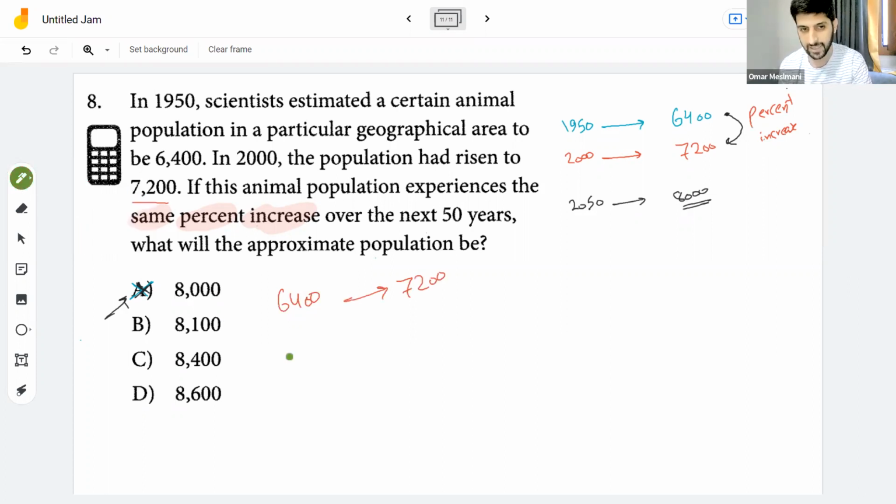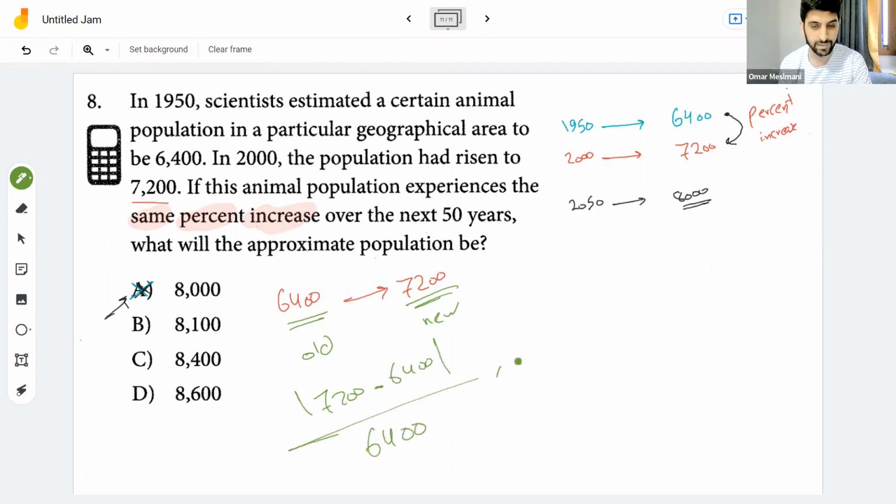So here I'm going to say that's the old amount and that's the new amount. Okay. So Mr. Yahya, because you said that you like this, I'm going to say it's 7,200, the big value minus the small value. All right. Here there is no need for the absolute value, but it's okay. Over the old amount, always over the old amount. What is the old amount? 6,400. Okay. Multiplied by 100.